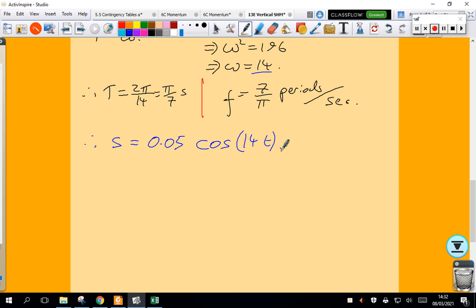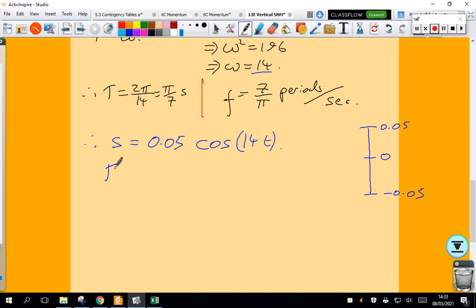The question said, find the position when it's 2.08 meters below the ceiling. Well, the equilibrium position is 2.05 meters below the ceiling. It goes from 0.05 above the equilibrium position down to 0.05 below the equilibrium position.